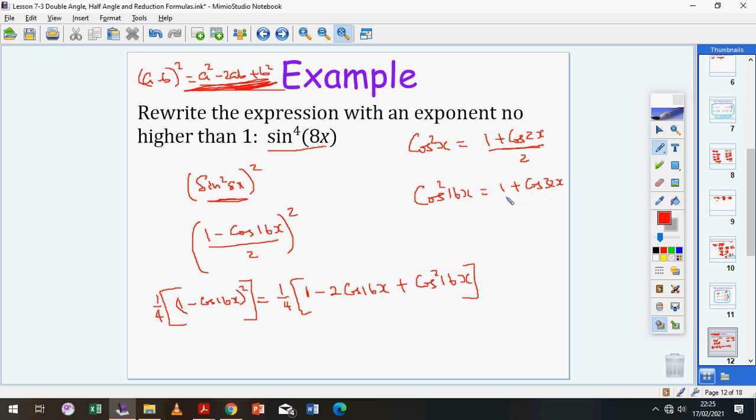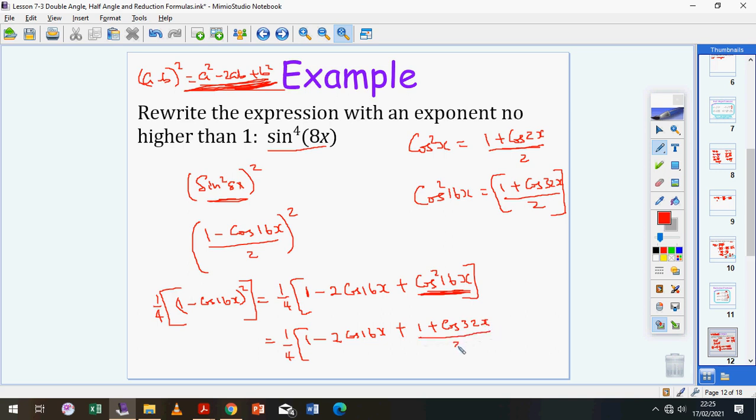So instead of having cosine squared 16x here, I'm just going to replace it with this expression. So remember, I have a quarter outside: 1 minus 2 cosine 16x plus, instead of cosine squared 16x, 1 plus cosine 32x divided by 2.